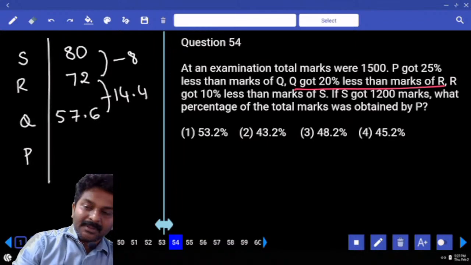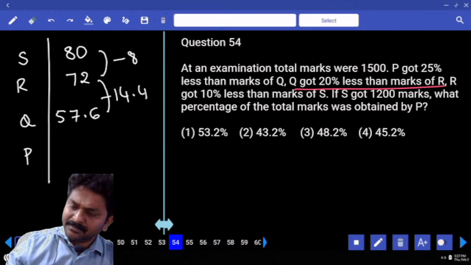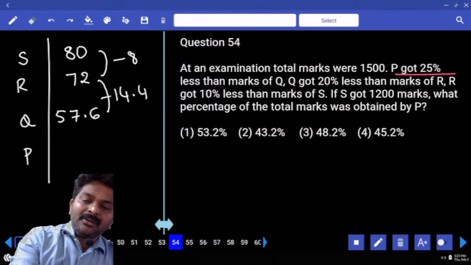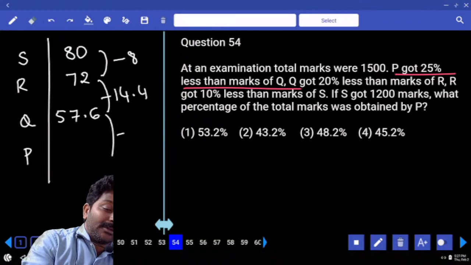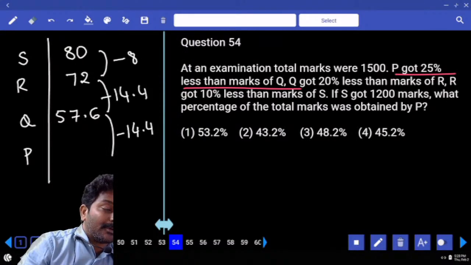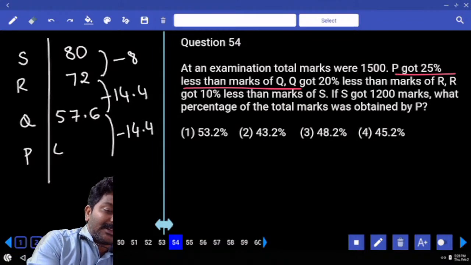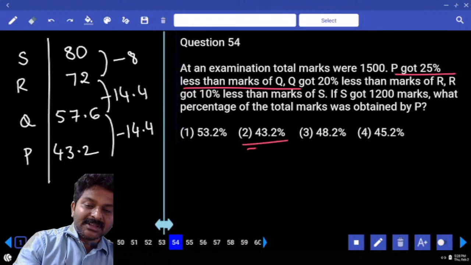Correct? Next, P got 25% less than Q. 25%, 1/4. 1/4 less. Answer 43.2. Second option answer.